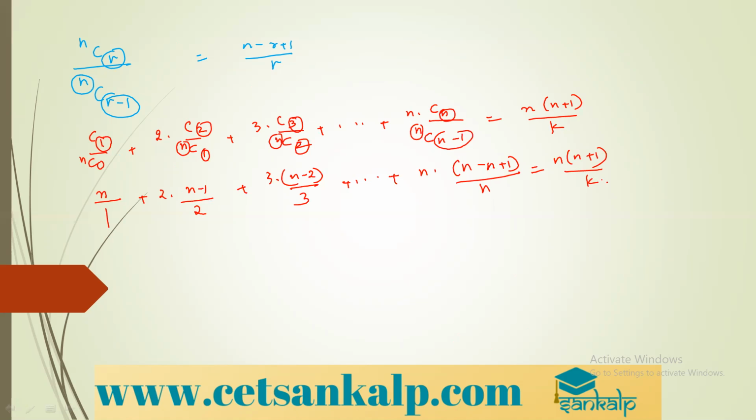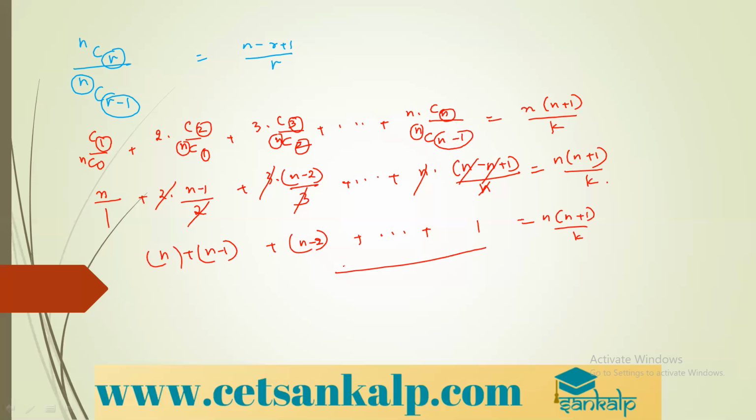See how easily I got it. I can cancel 2, 3, n. So I have n + (n-1) + (n-2), so on, in the end 1, equal to n(n+1)/k. If I write this in the reverse way, I have 1 + 2 + 3 up to (n-2), (n-1) and n.